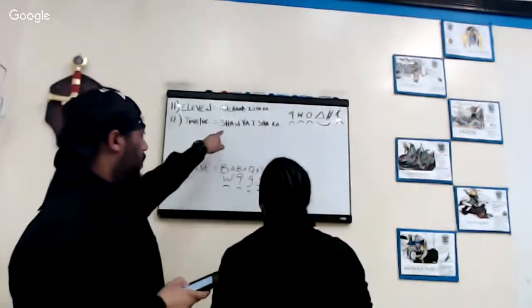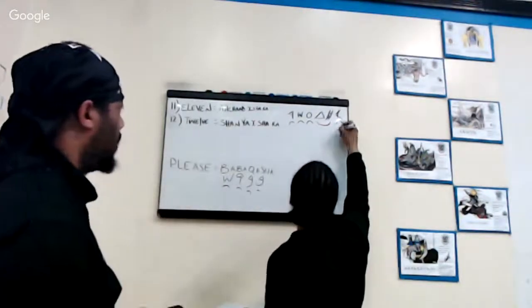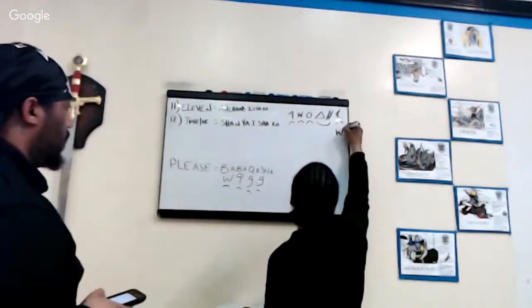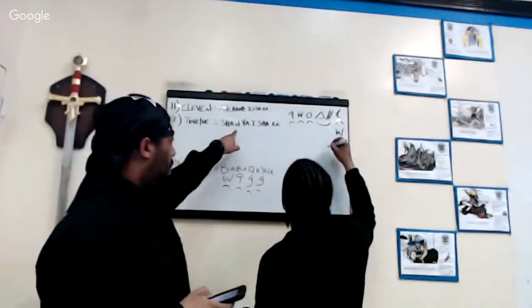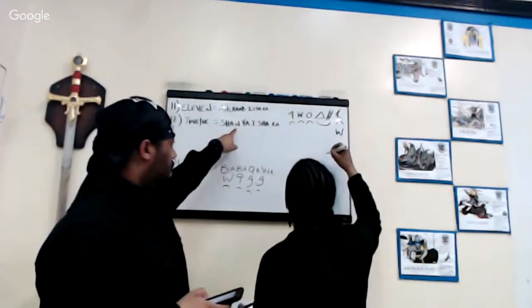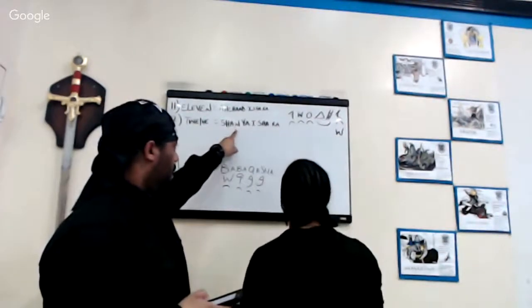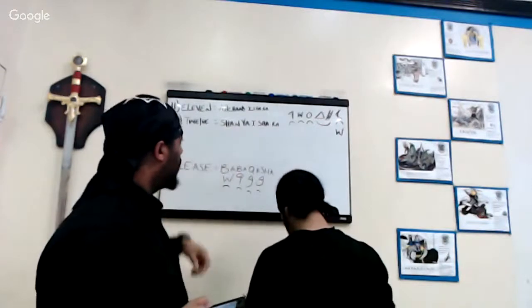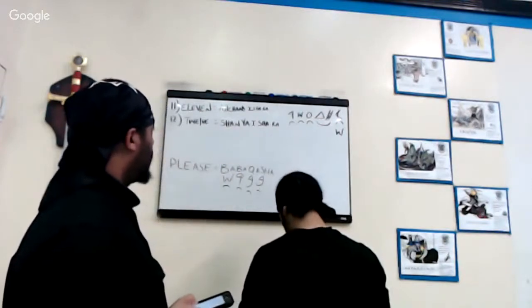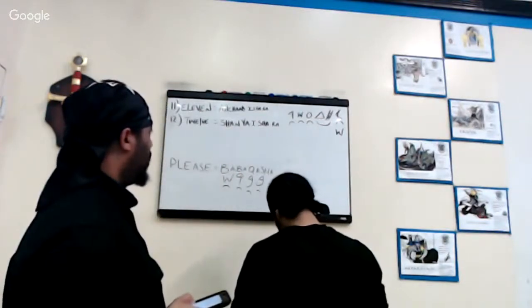What's this first character? Sha. What's the second? Na. Sha, Na, Ya.